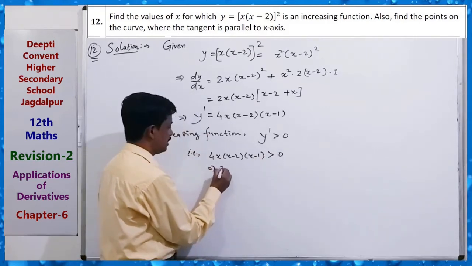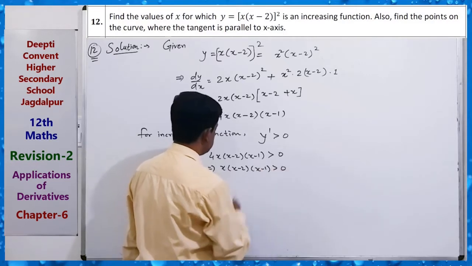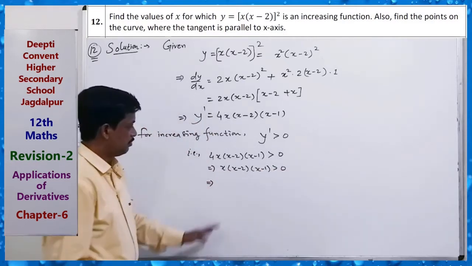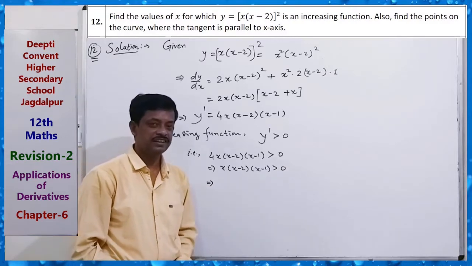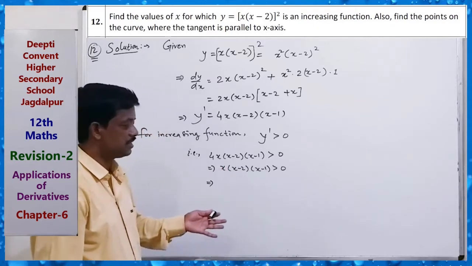That is x(x minus 2)(x minus 1) is greater than 0, since 4 is positive. From here we have to find the intervals at which the function is increasing and decreasing.